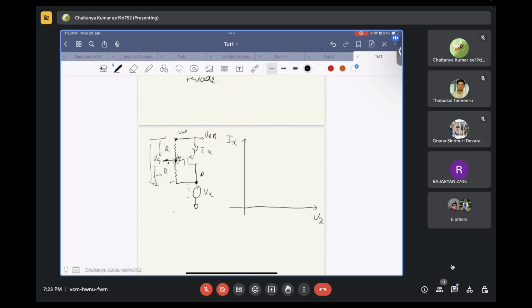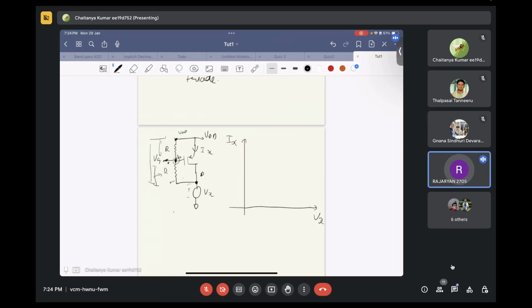Does the drain voltage matter now? You guys have made sure that your device is never going to get into triode. What does that mean?